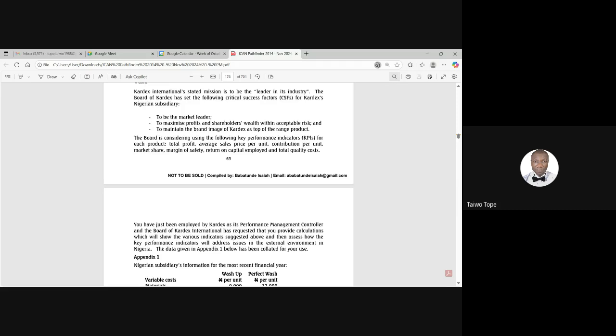In this case, to get our margin of safety, it will be what? For you to get your margin of safety, there is something you need to determine. What is that thing? Break even. Very good. The question is, is it break even in units or break even in sales?